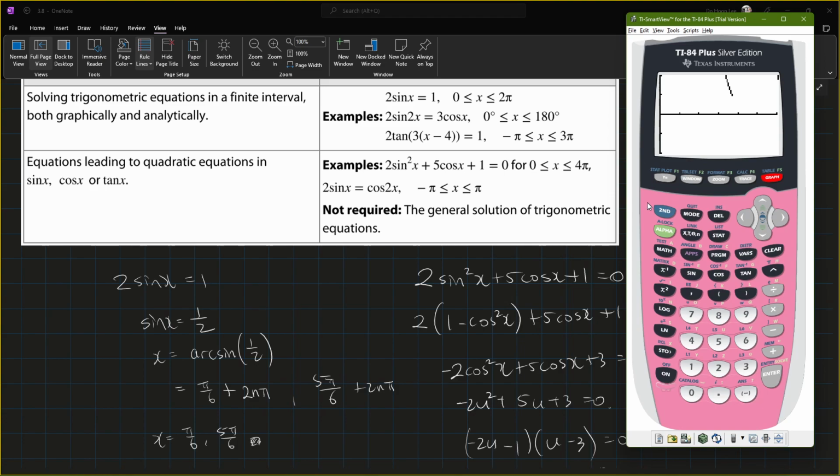We're not seeing anything right now. Okay, it's hard to see because again we have our mode in degrees. So let's change our mode into radian, and then we'll change the window from 0 to 4 pi. And the x scale, let's put it as pi over 2.